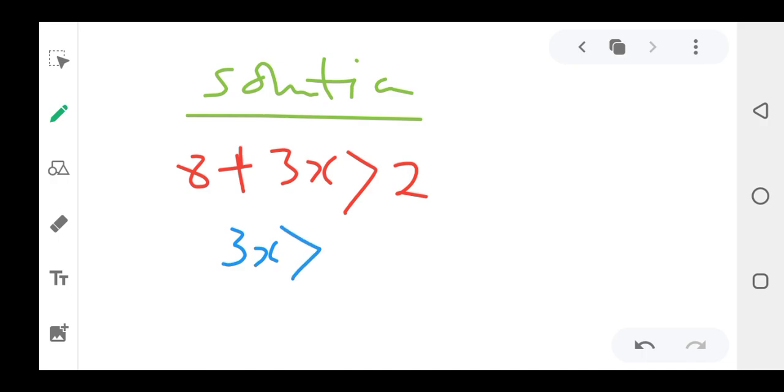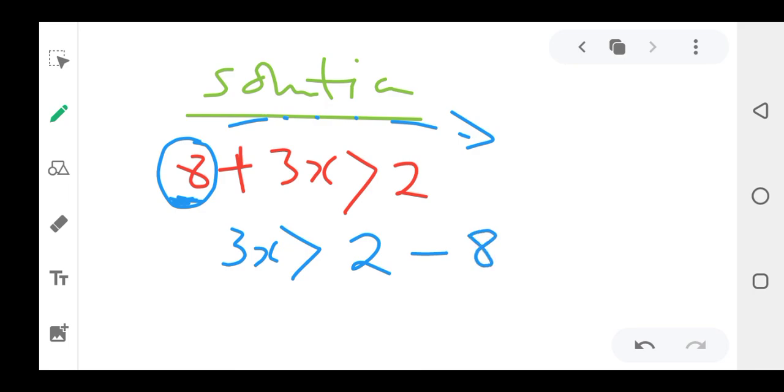Greater than, there's 2 this side, and then this 6 crosses the equal sign, it goes this side. Okay, so 6 is positive. When it crosses this side, it becomes negative. 8 is positive. When it crosses, it becomes negative 8.